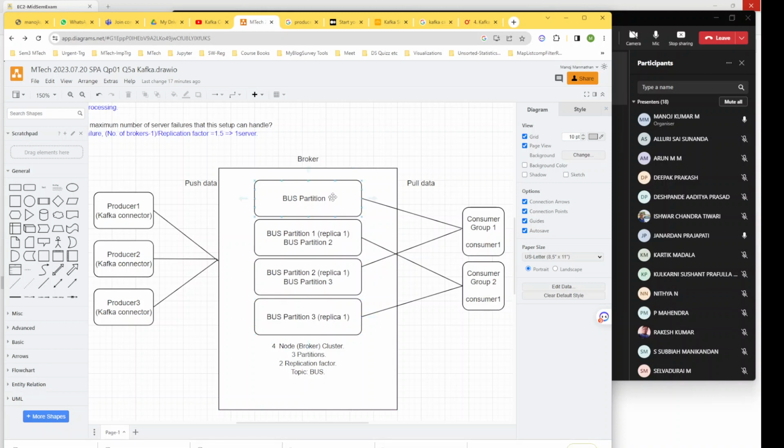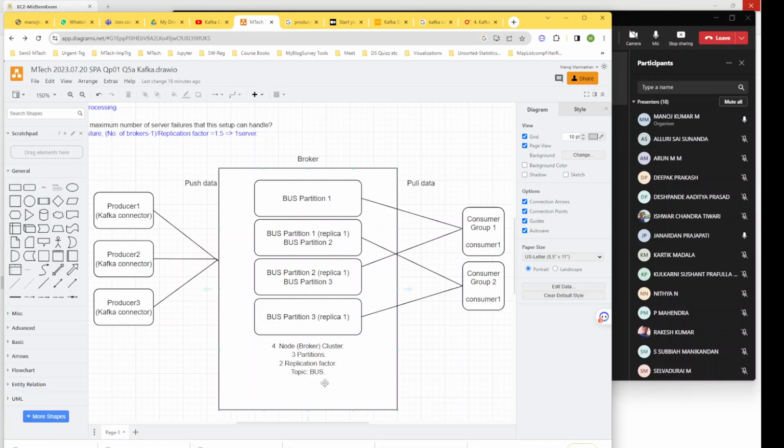One node cannot have a partition and its replica; the replica has to be in a different node. They mentioned 4 nodes and 3 partitions. So for this topic called bus, we partition it into 3, so that each partition is in a separate node and its replica is in a different node.